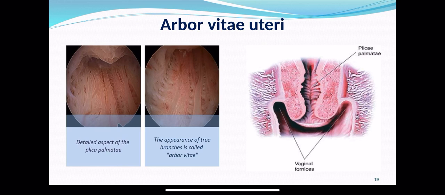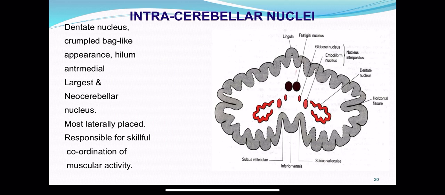Just to compare and contrast that this terminology has another significance in another organ, that's why I brought it here. So arbor vitae cerebelli and arbor vitae uteri have almost the same meaning, but one is in the cerebellum and the other in the cervical canal of the uterus. Please bear in mind the significance of both.